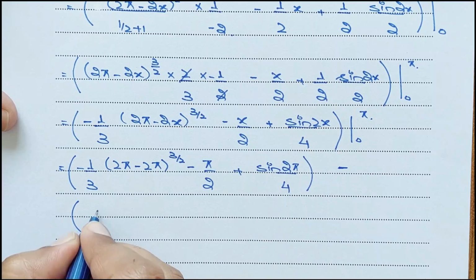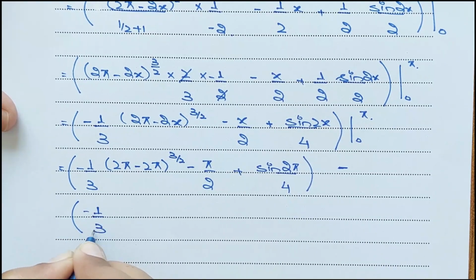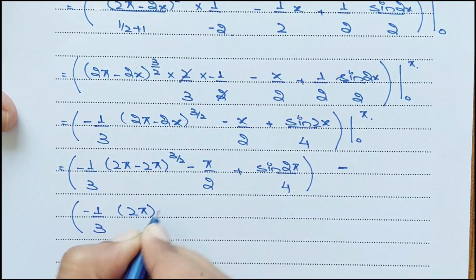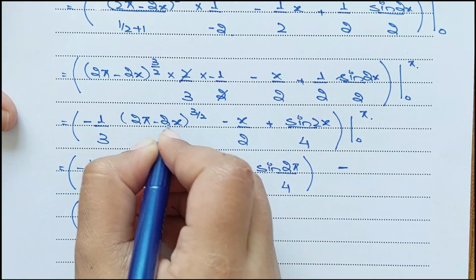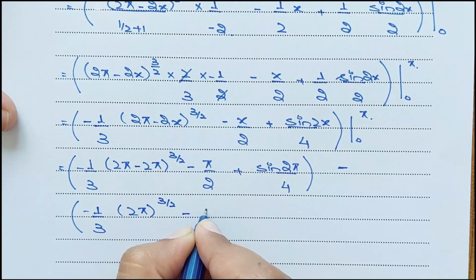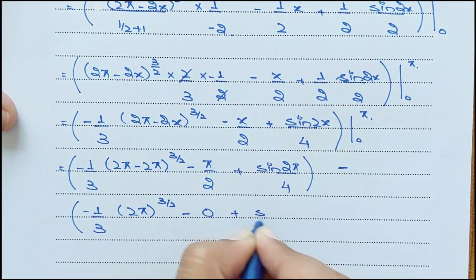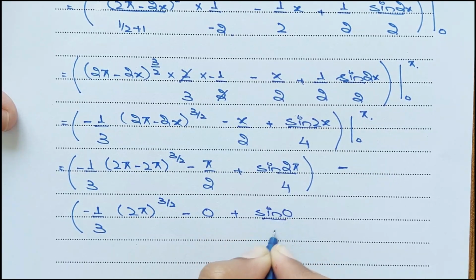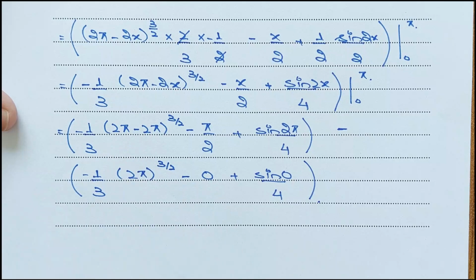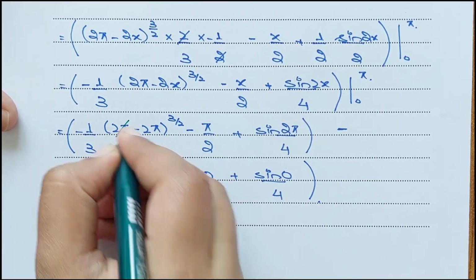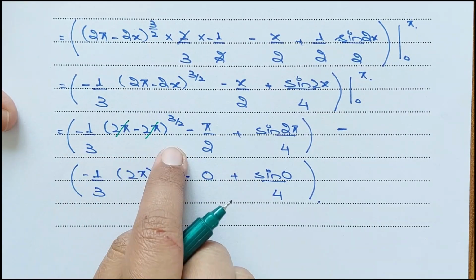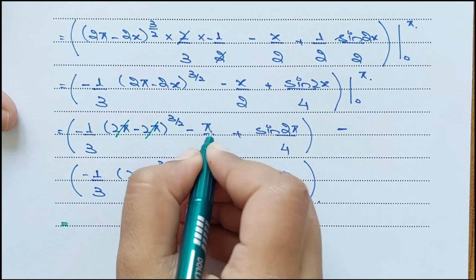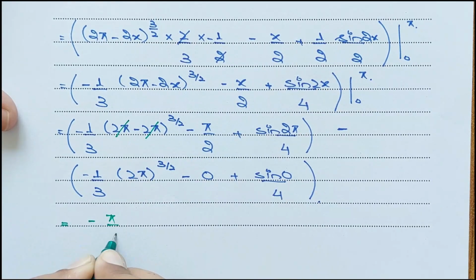Subtract the lower limit. Minus 1 by 3, 2 pi power 3 by 2. This is 0, minus 0 plus sine 0 over 4. Okay, this is minus plus, 2 pi minus 2 pi is cancelled. This term would be 0. So from here we have just minus pi by 2.